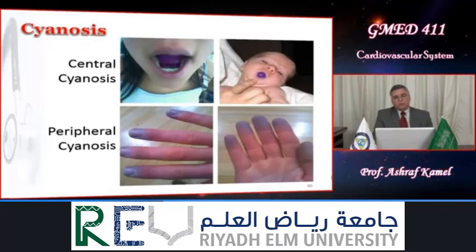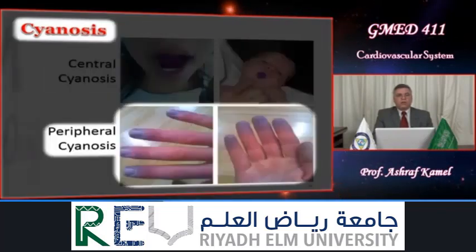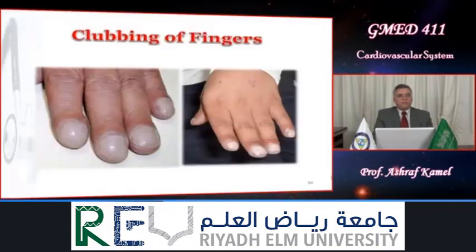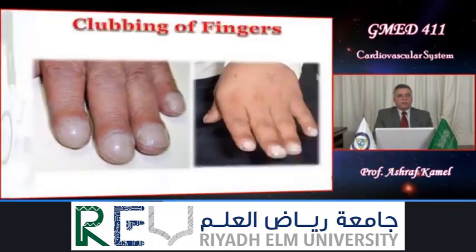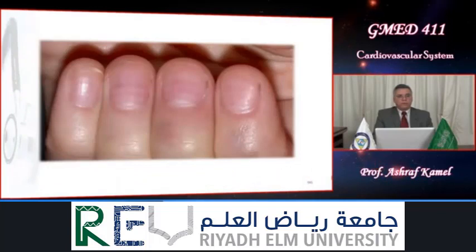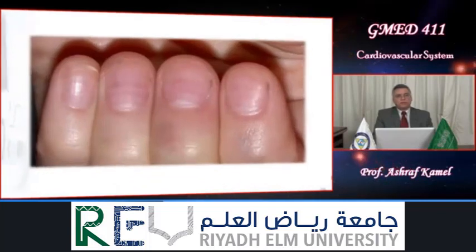We look for cyanosis in the oral cavity, in the lips and in the tongue. This is central cyanosis. And the other place we look is the periphery, in the fingertips, and this is peripheral cyanosis. These are pictures of finger clubbing. This is normal fingernails.